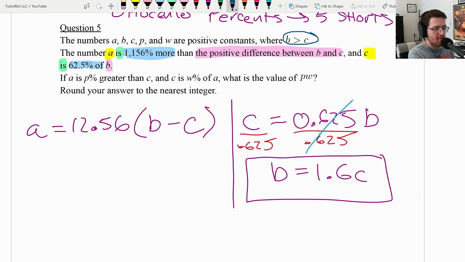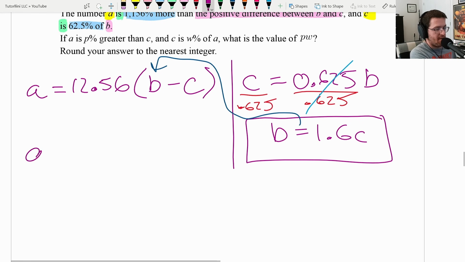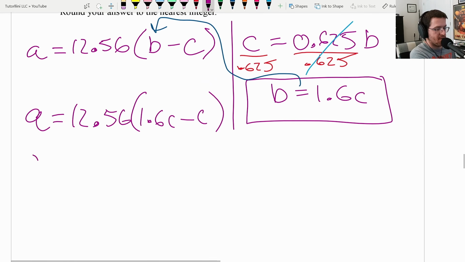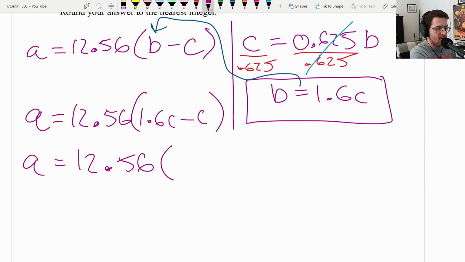Now, hopefully you guys see where I'm going with this. I'm going to put this in for B, and then I will have an equation that relates A and C. So we're in business now. Let's say I have A equals 12.56. Remember, B is 1.6C minus C. Well, 1.6C minus C is just 0.6C because 1.6 minus 1 is 0.6.